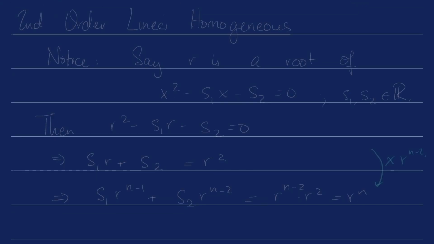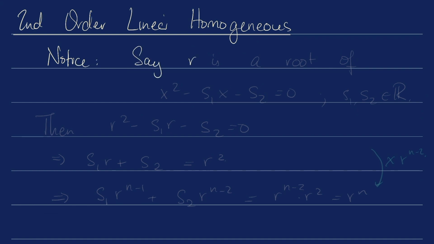So let's talk about second order linear homogeneous recurrence relations. Notice, say r is a real number and it happens to be a root of the equation x^2 - s1 x - s2 = 0, where s1 and s2 are real numbers.